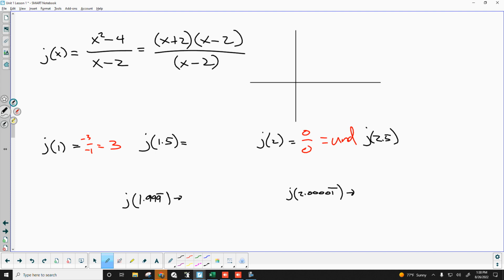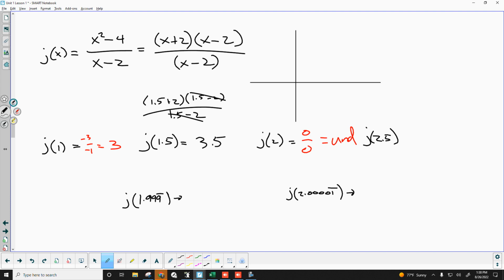Don't cancel. But what it does show me is, let's say we plug in 1.5. I get 1.5 plus 2 times 1.5 minus 2 over 1.5 minus 2. This number and this number, they will essentially cancel each other out. And we get a nice easy 3.5.